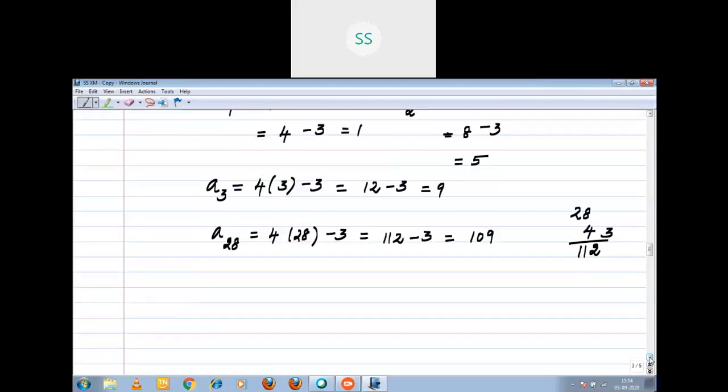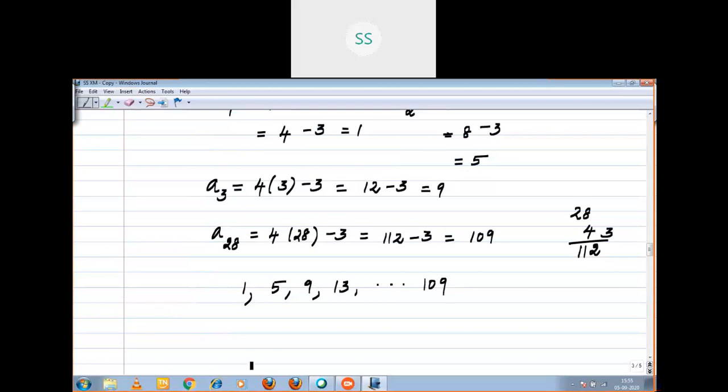Now you have to write the sequence first. What is the sequence you got? 1, 5, 9. What is the common difference between these? 5 minus 1, 4. 9 minus 5, 4. So it is in the form of AP. You can get the sum of this. What should be the next? 9 plus 4, 13, etc. 109.